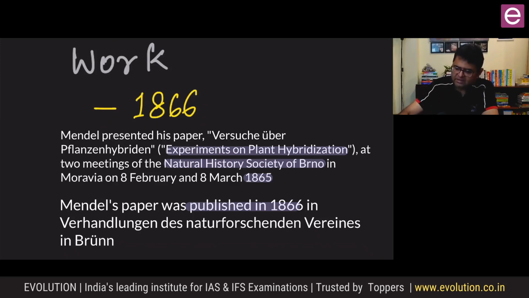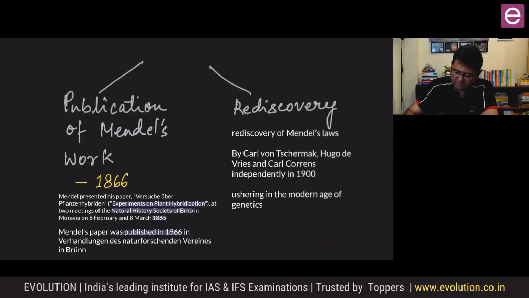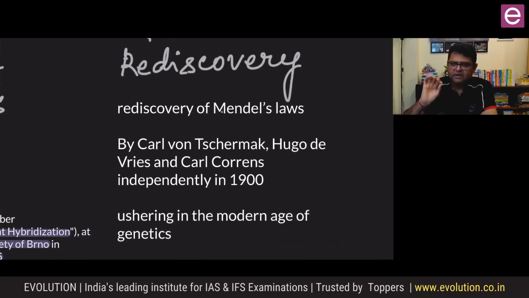And like I said, for almost 35 years minimum, the work of Mendel was not noticed by the scientific community. And then three different scientists, Tschermak, Hugo de Vries, and Karl Correns, independently in the year 1900, rediscovered the paper that Mendel had published. Not only did they rediscover, but they repeated the experiments.